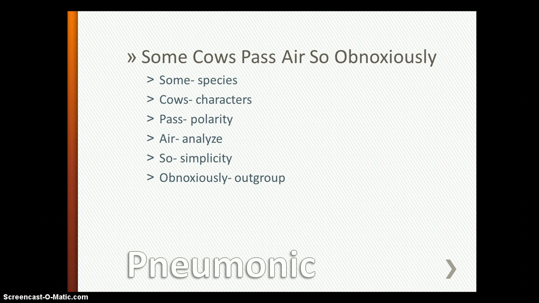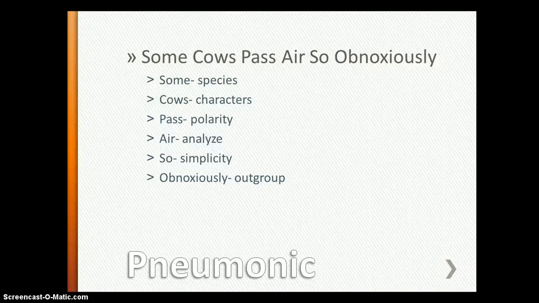So I know that these steps might be a little confusing, and I don't know if you want to use this or not, but I made a little mnemonic for this, and because I'm from Farmville, I decided that it would be: some cows pass air as in gas so obnoxiously.